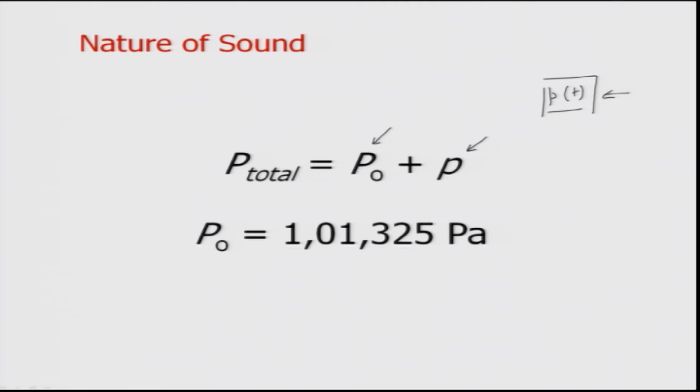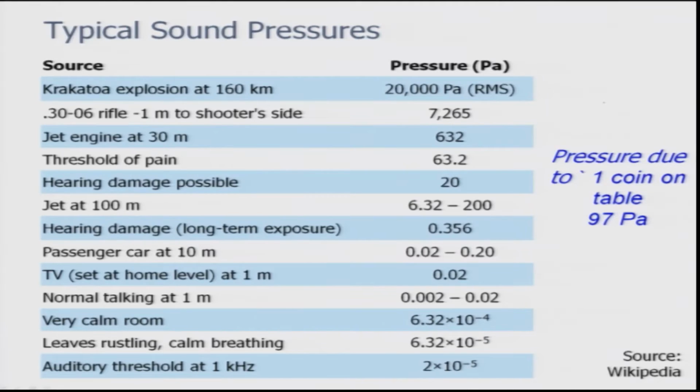Now we will look at some of the values of p. What this chart shows are typical sound pressure levels associated with different types of sounds. So imagine a room where there is no sound at all, and then we generate a very small amount of sound which our ears are barely able to listen to.